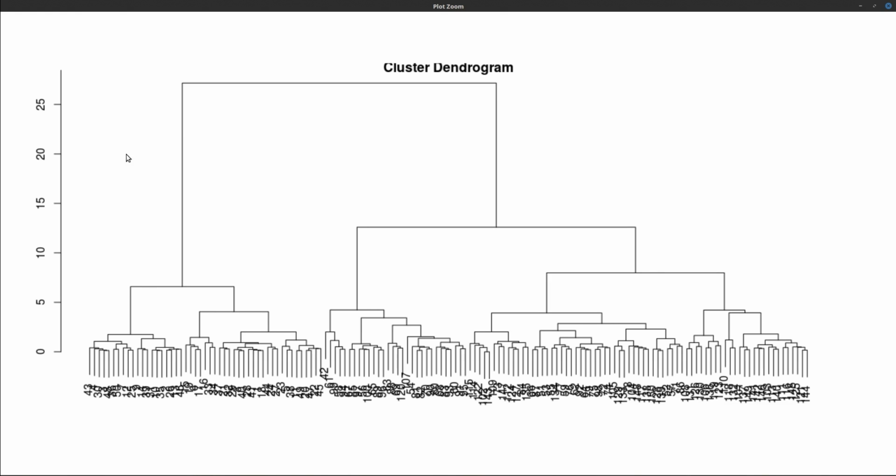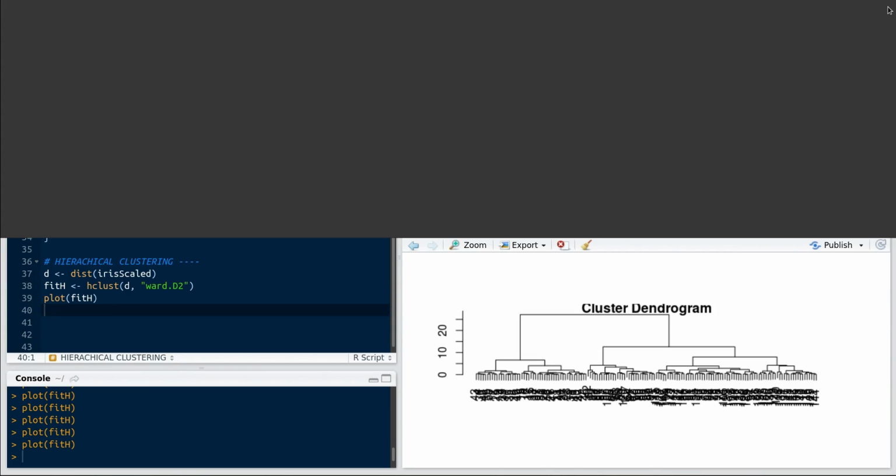So for example, if we cut at this point, we would end up with two different clusters, all of these guys and then all of these guys. If we choose to cut the tree down here, then we'd end up with three clusters, these guys, and these guys here. And the lower down the tree that we cut, the more clusters that we end up with.